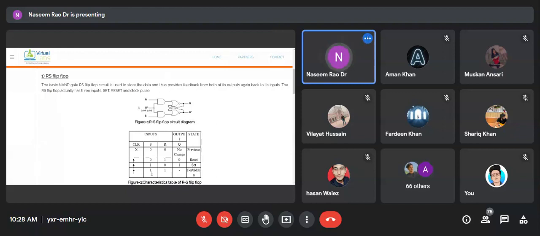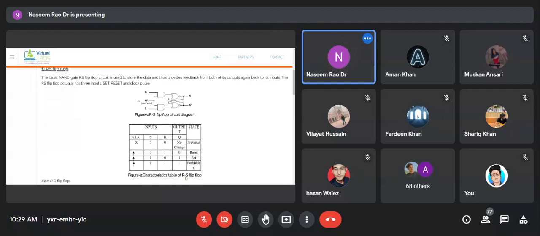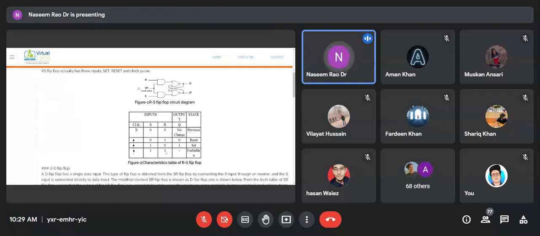And then if S is 0 and R is 1, the output is 0. This is the reset state.